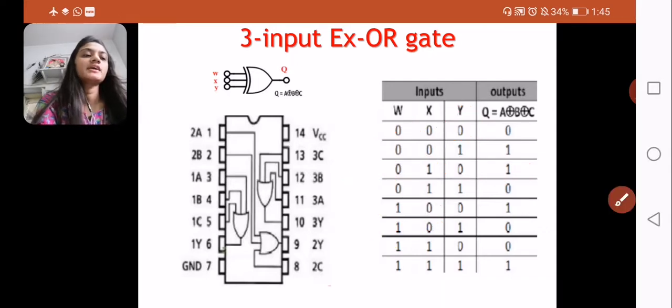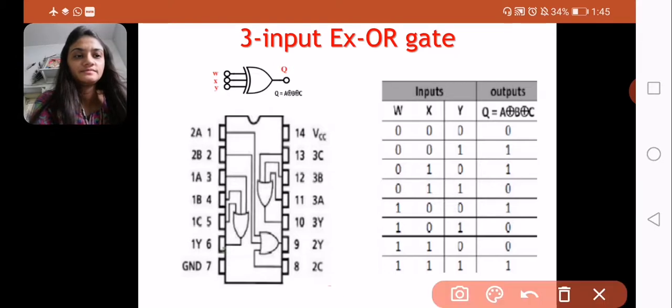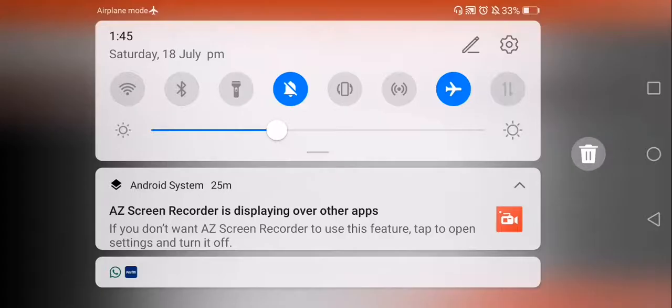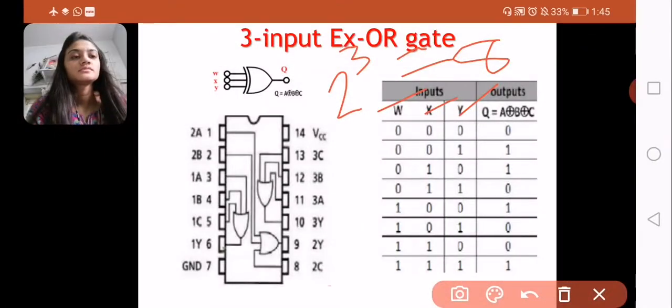Here one more thing I have to show. Here 3 inputs are there, so the combinations will be 2 raised to 3 is equal to 8. In the first column, write half of 8, that is 4 times 0, then 4 times 1.